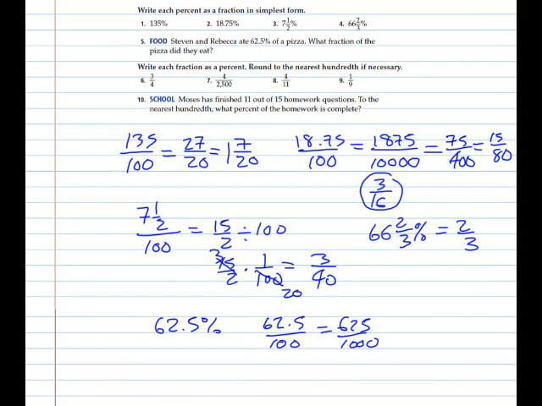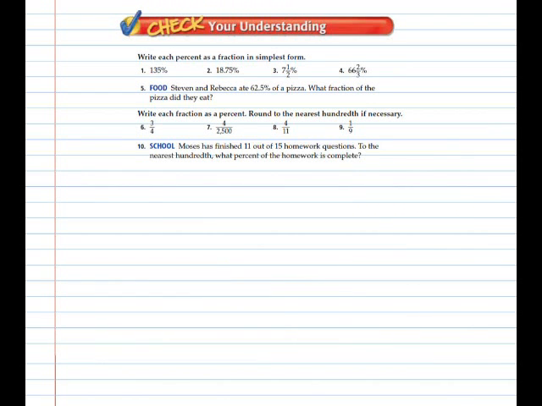We simplify first by dividing by 25, which gives us 25 over 40. We divide by 5 again, which gives us 5/8. That was on the other chart on the previous page as well. We just didn't remember that one.